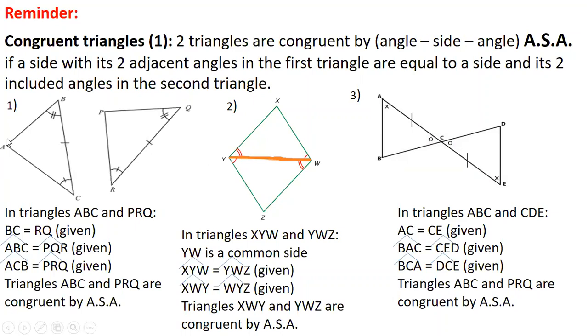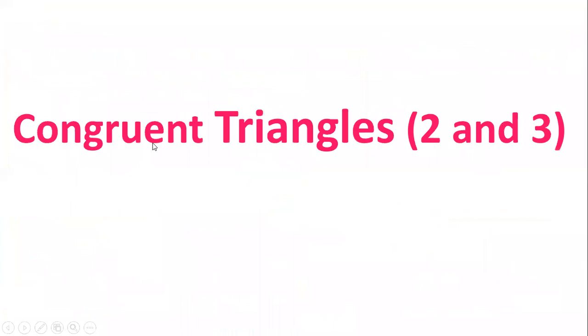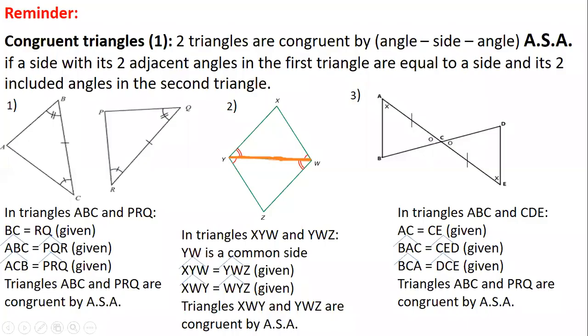Here, do we have a mark on side AB, Zainab? No. Do we have a mark on side AC? No. Do we have a mark on side BC? Yes, so we take side BC. Side BC in the first triangle is equal to which side in the second triangle, Zainab? QR. Yes, because they are marked the same.